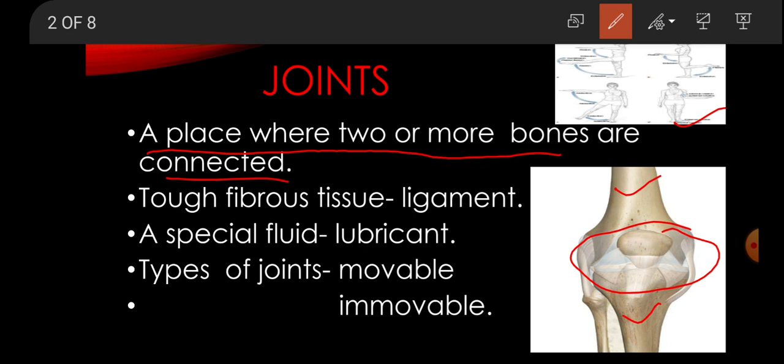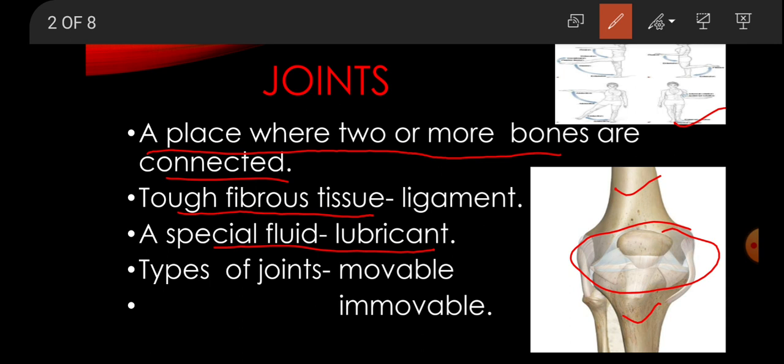At the joint, a tough fibrous tissue called ligament is present, which connects one bone to another. And ligaments not only hold bones together but also help them to move. A special fluid at the joint acts as a lubricant that prevents bones from rubbing against each other.